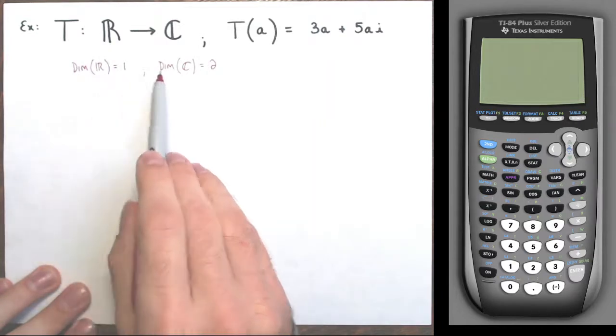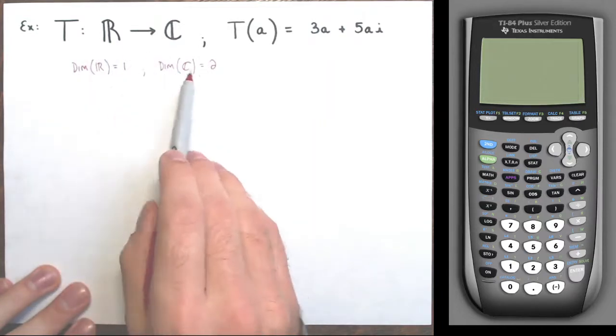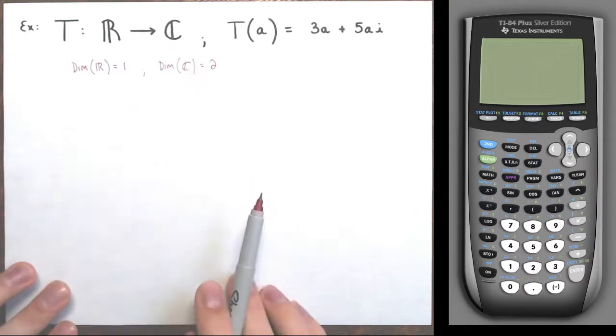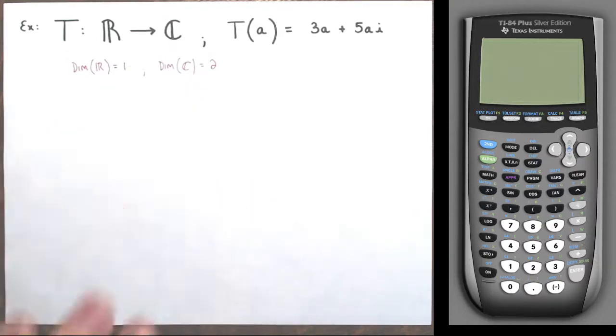And these two vector spaces don't have the same dimension. So right away I can say this is not going to be an isomorphism, because there's no possible way that these are isomorphic spaces. They don't have the same dimension. So if they don't have the same dimension, every transformation between them is not going to be linear and invertible at the same time. Right? It could be one, could be the other, but not both. Right?